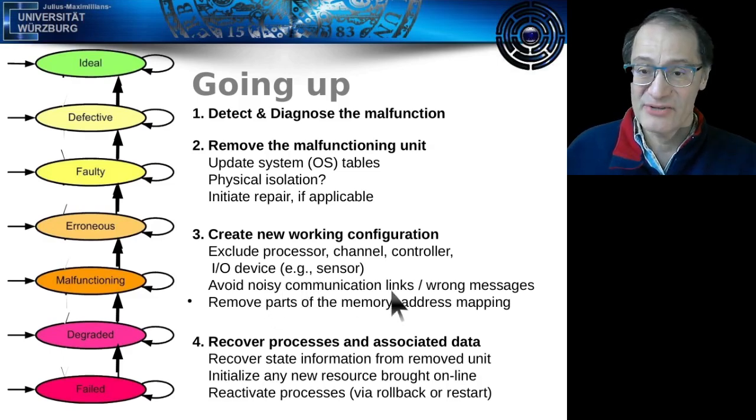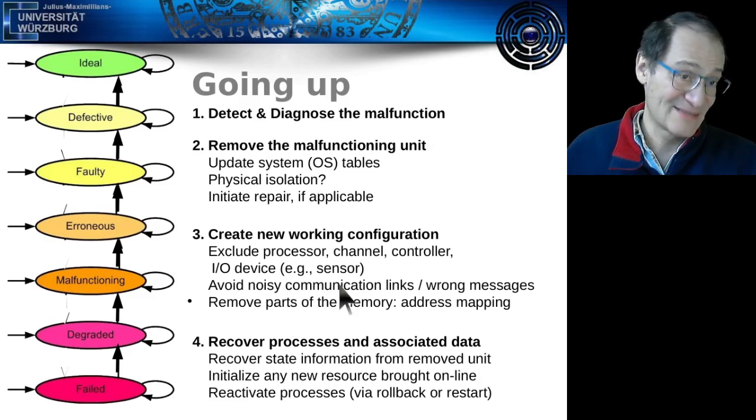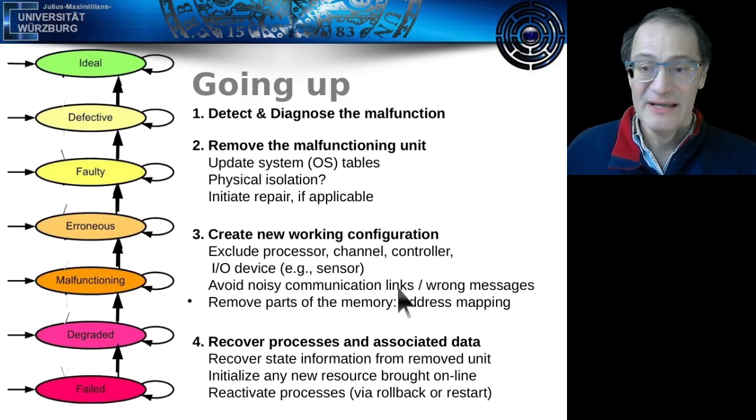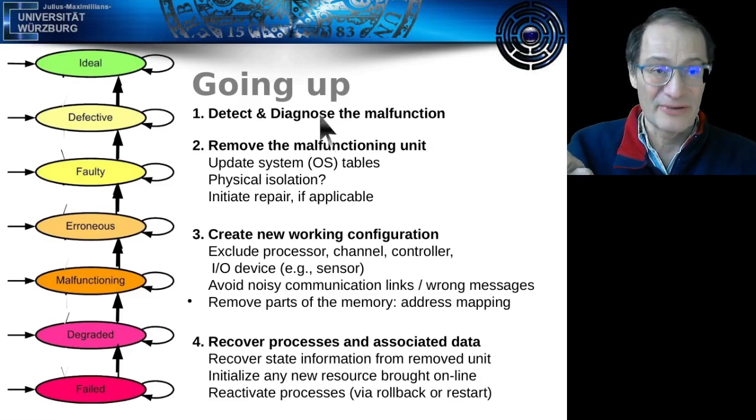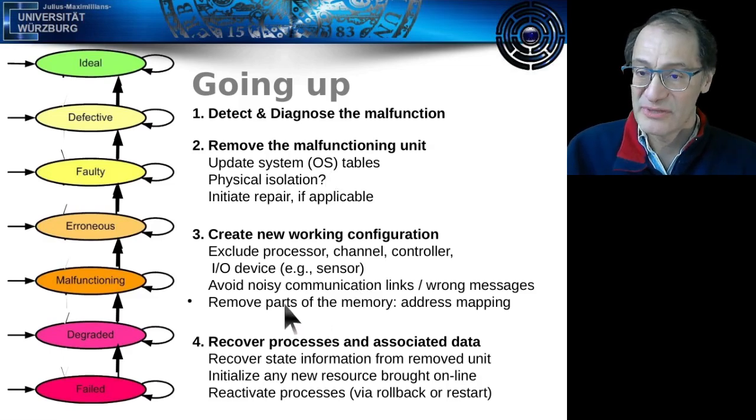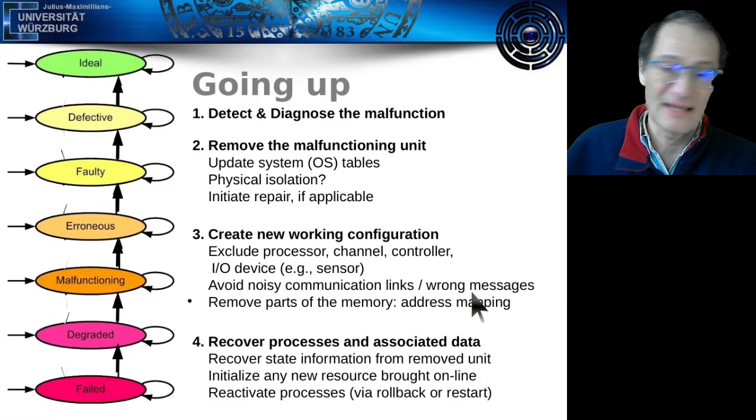Avoid any communication with these devices, which is, let's say, noisy communication. Avoid links and ground messages propagation from the failed devices. Here you recognize the failed module, here you have isolated it, and here you have to avoid any communication with these modules. And then maybe remove the parts of the memory and address mapping.